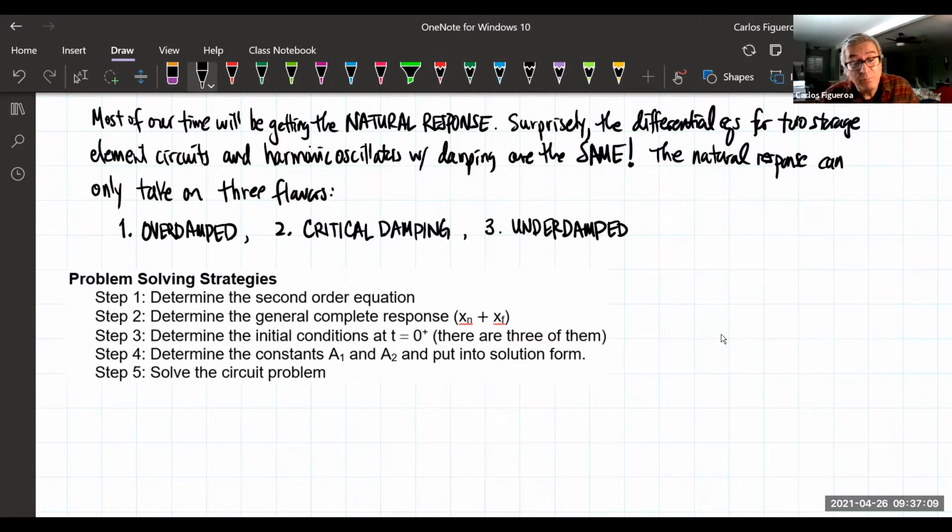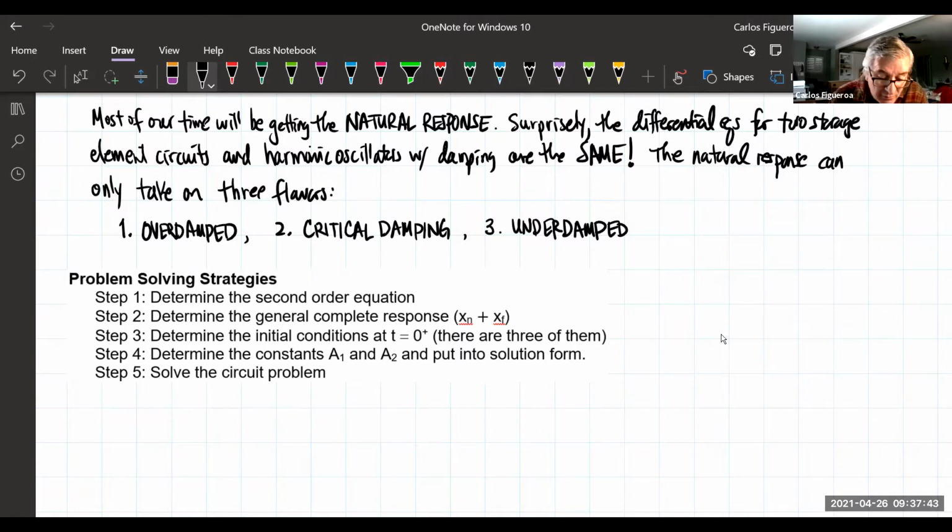You got to get step 1 right. You can't mess up on step 1. Because as far as I'm concerned, if you get the wrong differential equation, you're solving a different circuit. Should I give you a pat on the back and say good try? No, hell no. You're solving a different circuit than what's being done. You gotta get that second order equation right. And I'm going to spend a lot of time deriving that.